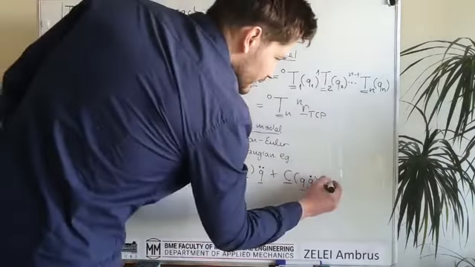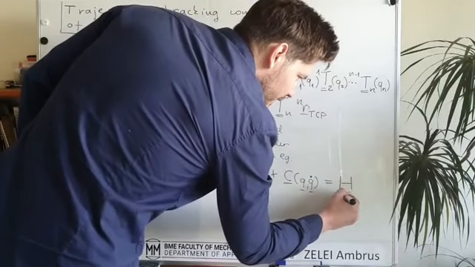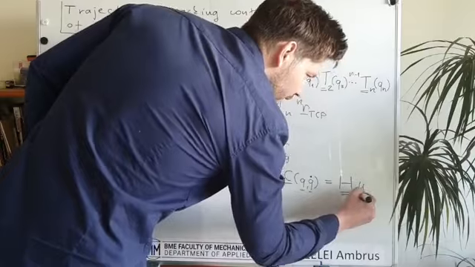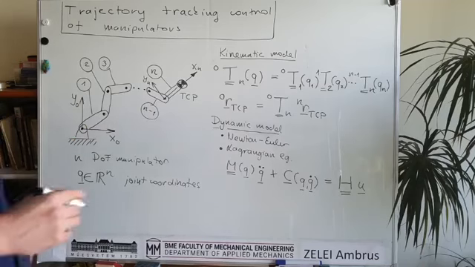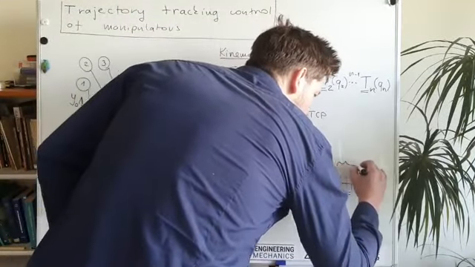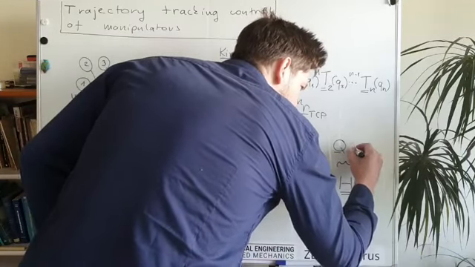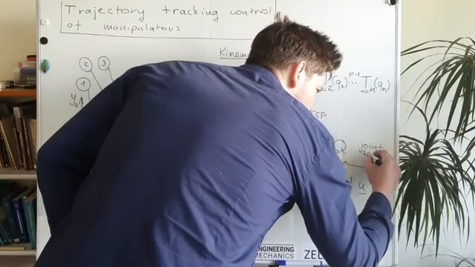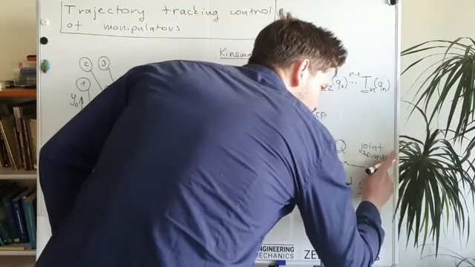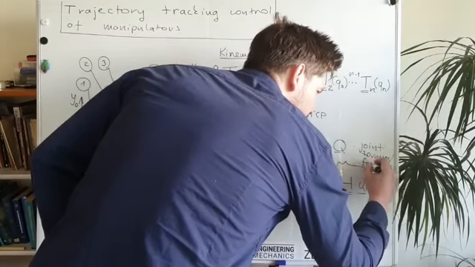And on the right hand side there is a term which represents the active forces or joint forces and torques. So together they represent, let's say, Q for joint torques or forces.